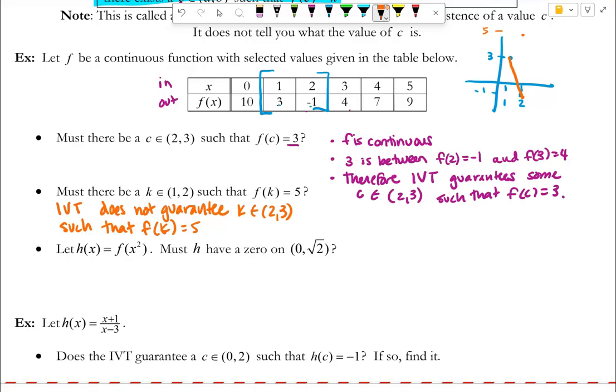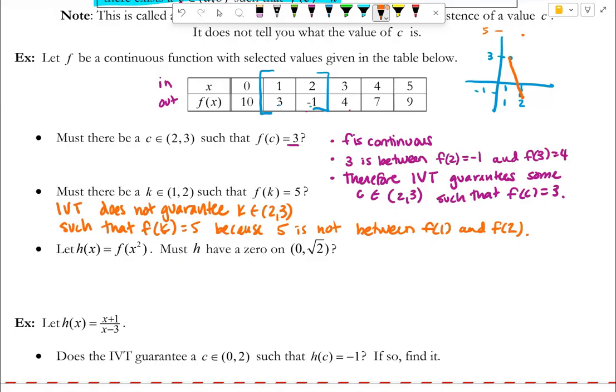And why? Well, we have to give a reason, and that's because 5 is not between f of 1 and f of 2. It's not between 3 and -1. So the IVT can't guarantee that value, but it is possible.